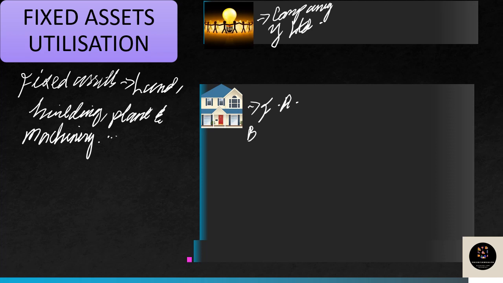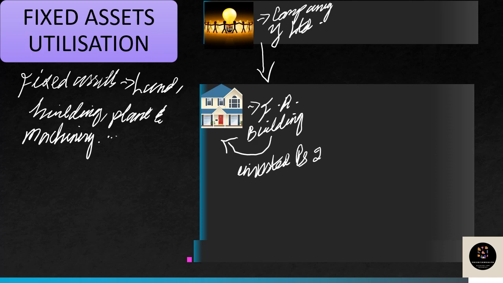As we already mentioned, fixed assets are land, building, plant, machinery. Y Limited invested in this fixed asset rupees 200 crore. Okay, 200 crore.